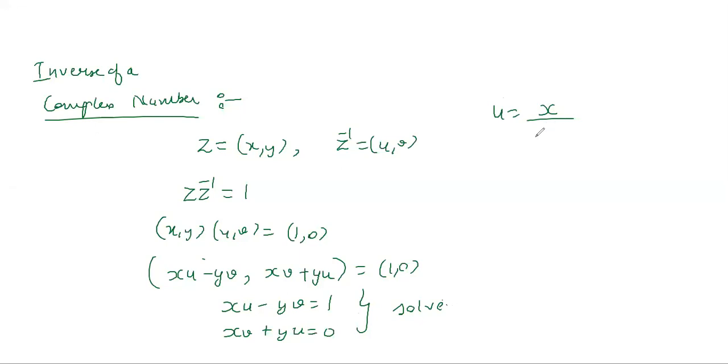You can validate each calculation yourself. This is what you will get: u is equal to this and v is equal to this. Obviously now x squared plus y squared is coming into the denominator, so that has to be non-zero. And when is x squared plus y squared going to be non-zero?